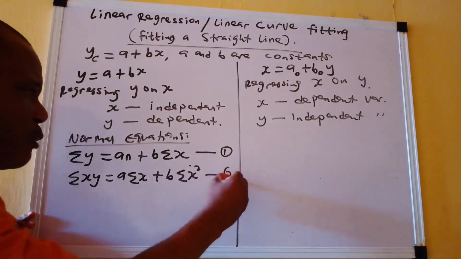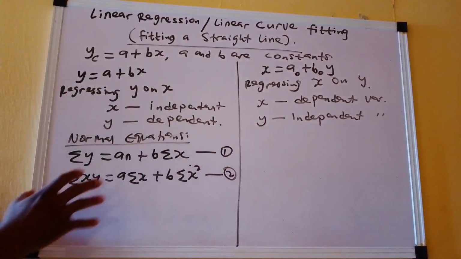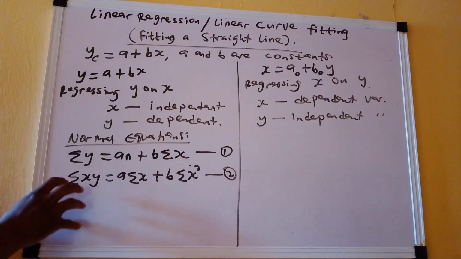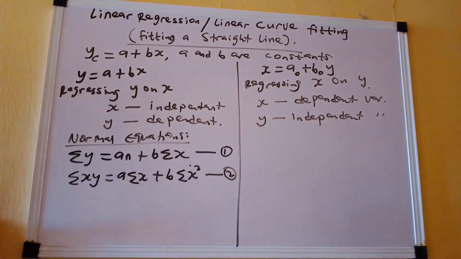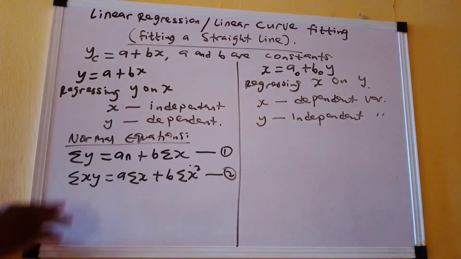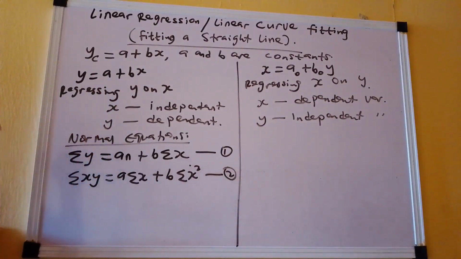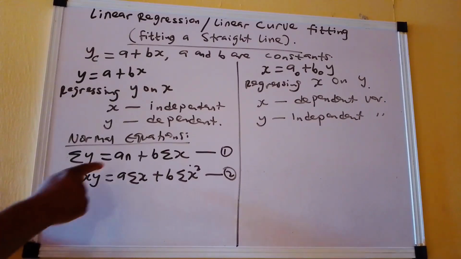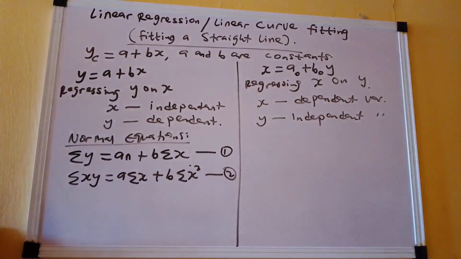This becomes equation 2. So now, these are the two normal equations generated from this model. Now, this will lead us to a set of simultaneous equations having two unknowns in two equations. The two unknowns are a and b.